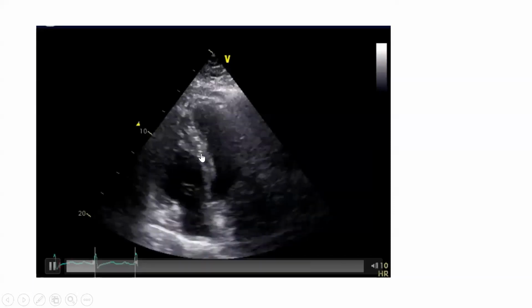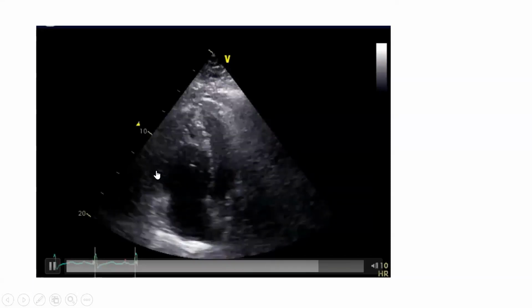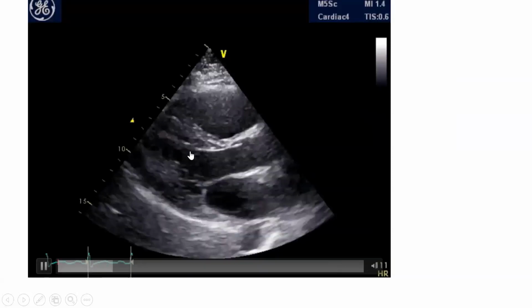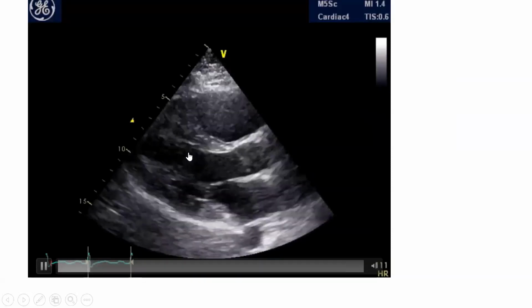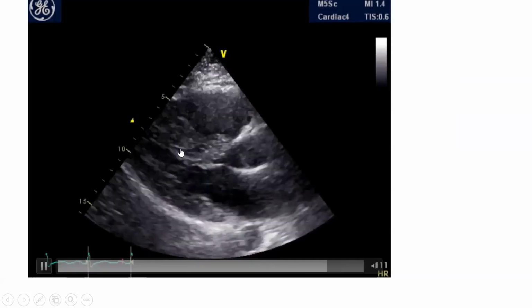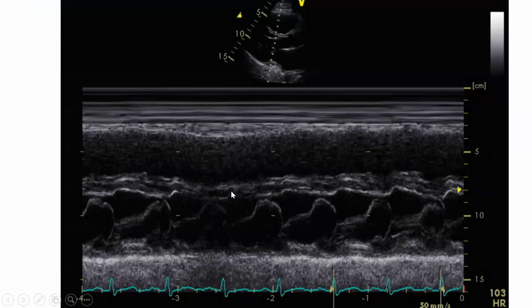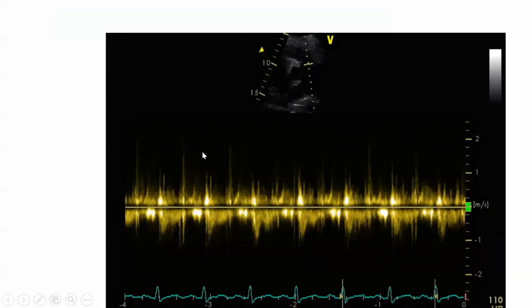Here short axis at the mid segment, also flattening of the septum, dilated RV. With the apical four chamber view, showing dilated RV, impaired RV systolic function, normal LV systolic function. Parasternal axis showing the septum during systole, normal LV systolic function, dilated right ventricle, and impaired RV systolic function. The flattening of the septum during systole and diastole is a very important indicator of pressure overload.